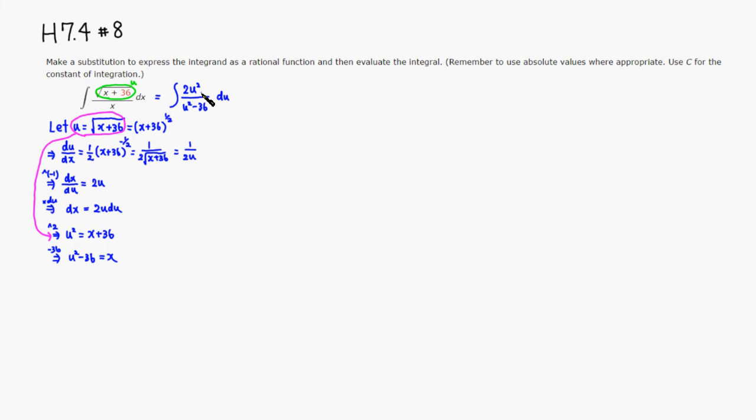So we can use integration by partial fractions. Let's find the partial fractions first.